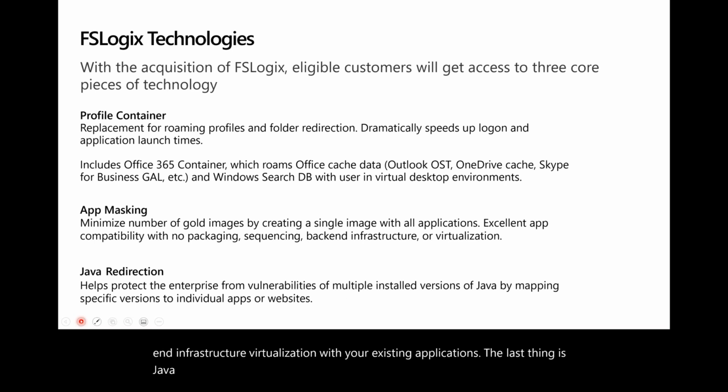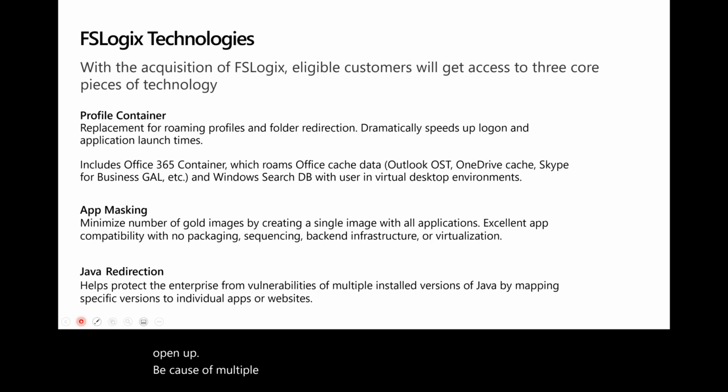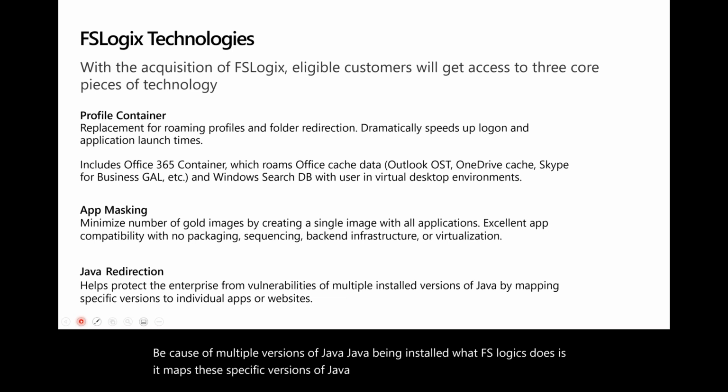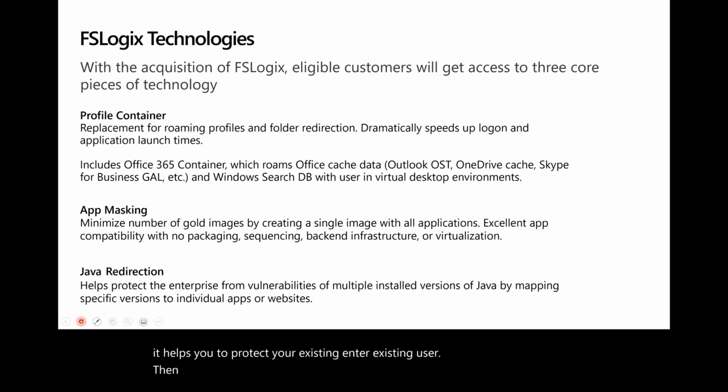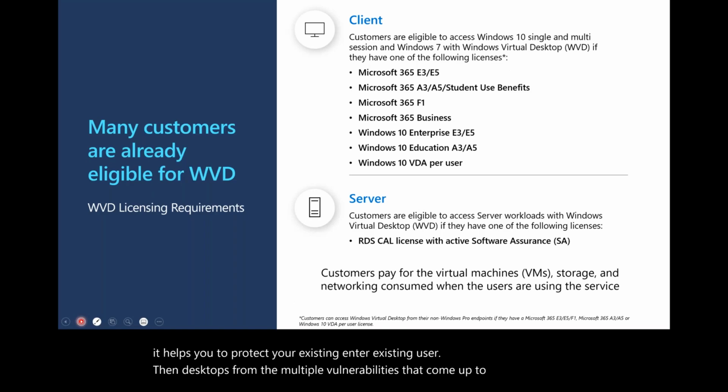We all know that there are multiple security vulnerabilities that open up because of multiple versions of Java being installed. What FSLogix does is it maps the specific versions of Java to individual applications or websites, and it helps you to protect your existing users and desktops from the multiple vulnerabilities that come up due to these multiple versions of Java.